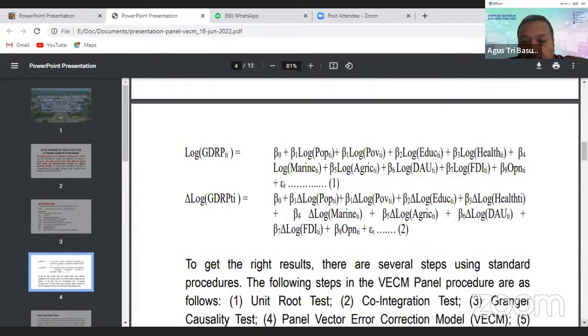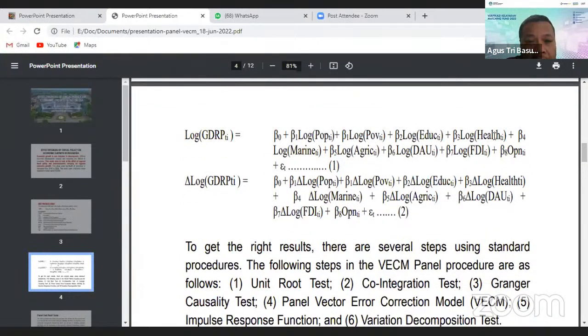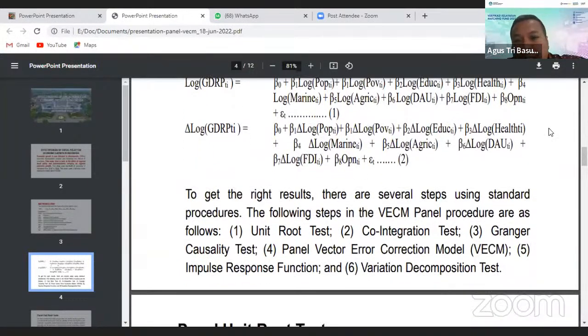This is all variables given logarithm. This is why I give a log in this equation, because I look for the elasticity coefficient, and this is the model.